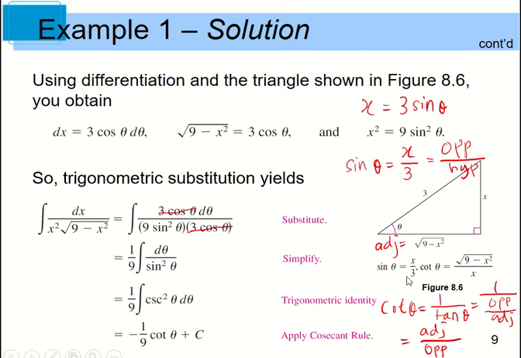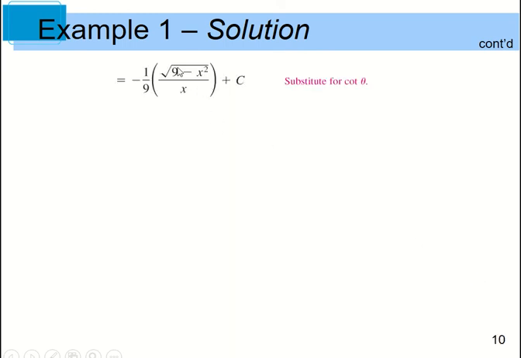So now we can change the cotangent theta to x as the square root of 9 minus x squared over x. Substitute back here, and now we can multiply. It will be negative the square root of 9 minus x squared divided by 9x, plus c.